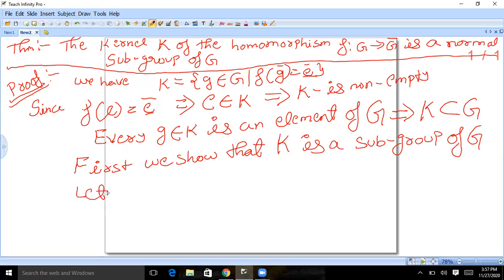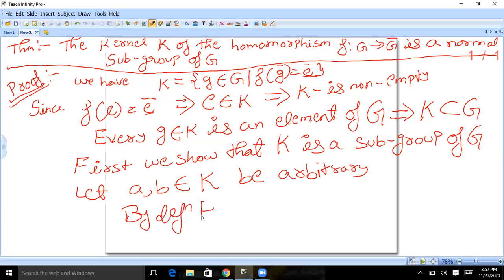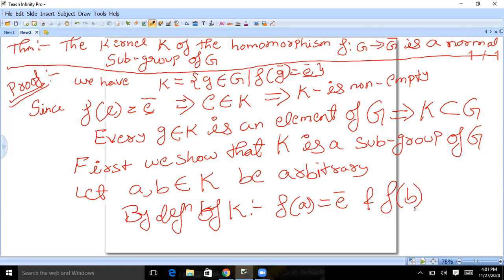Let a, b belong to K, arbitrary. Okay, now by the definition of K, that is f of a is equal to e bar and f of b is equal to e bar.